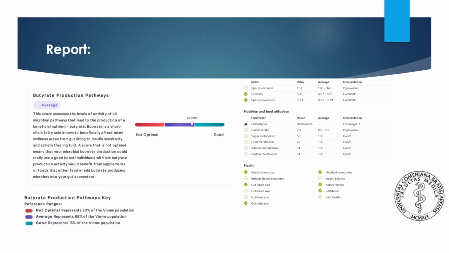This report, for example, is on the left focused on butyrate production pathways. Butyrate is a very important short chain fatty acid, which is beneficial because it is linked to insulin sensitivity and also makes us feel full, so it influences our satiety.